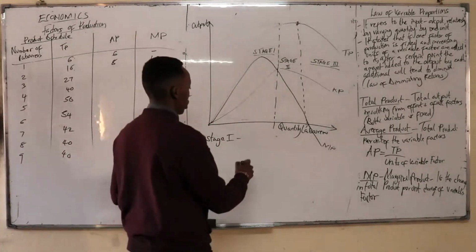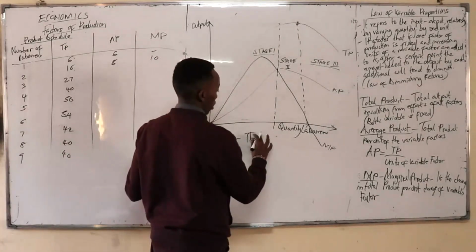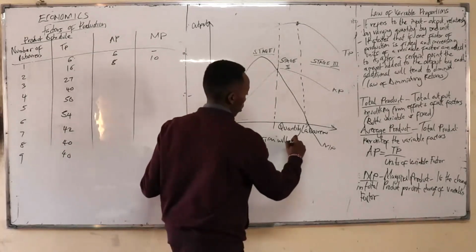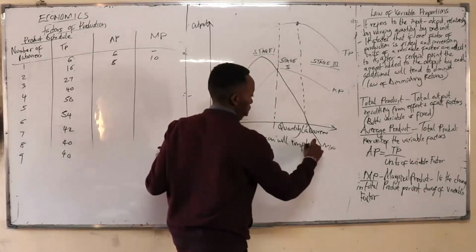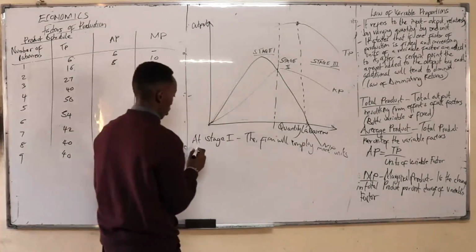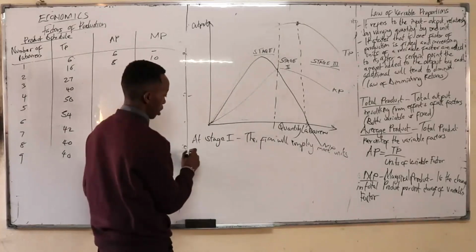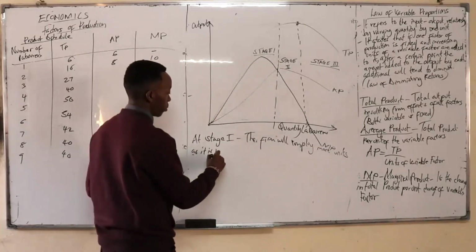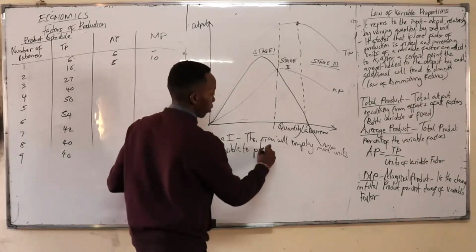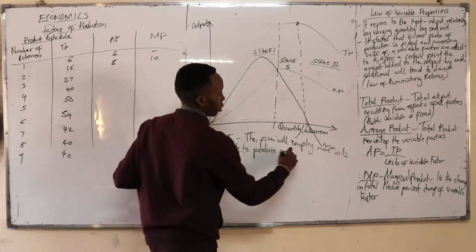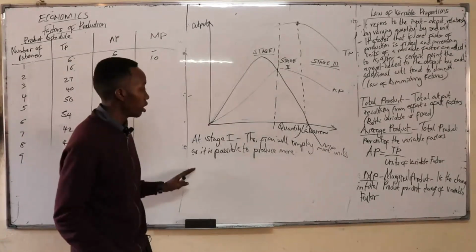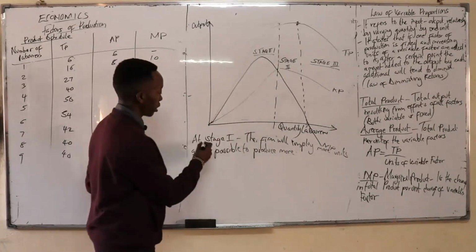Because it has the ability to produce more, it will tend to increase productivity at stage one.